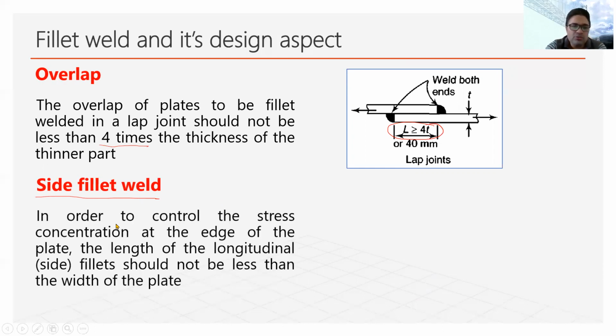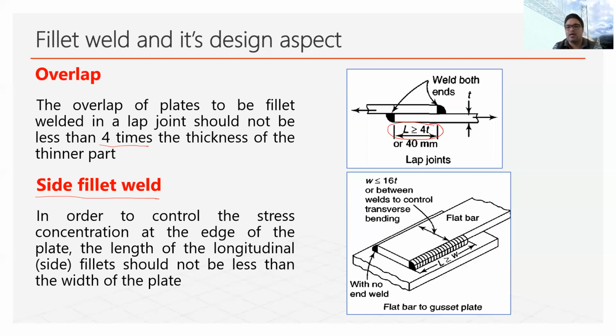It says in order to control the stress concentration at the edges of the plate, the length of the longitudinal fillets should not be less than the width of the plate. Now we see in this, there are two plates which are to be joined, and these two plates have different widths. This plate has more width than the plate being joined to it.